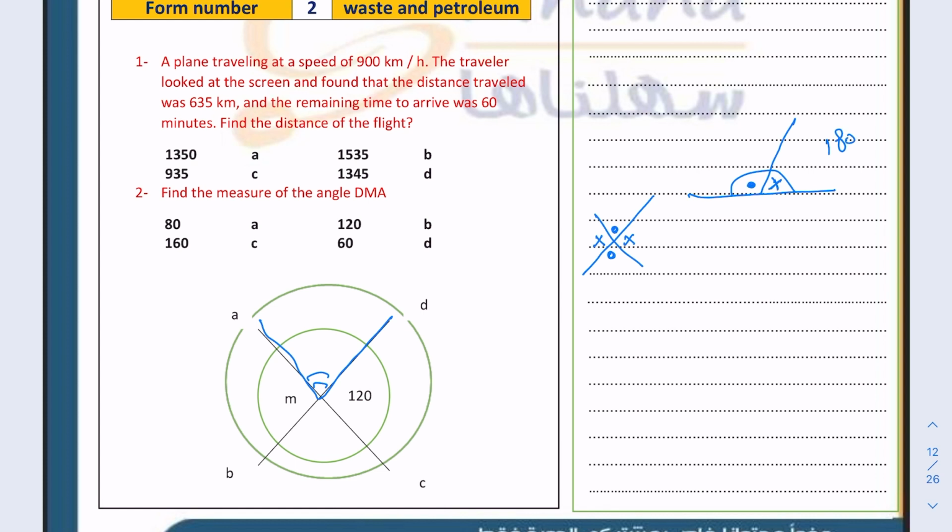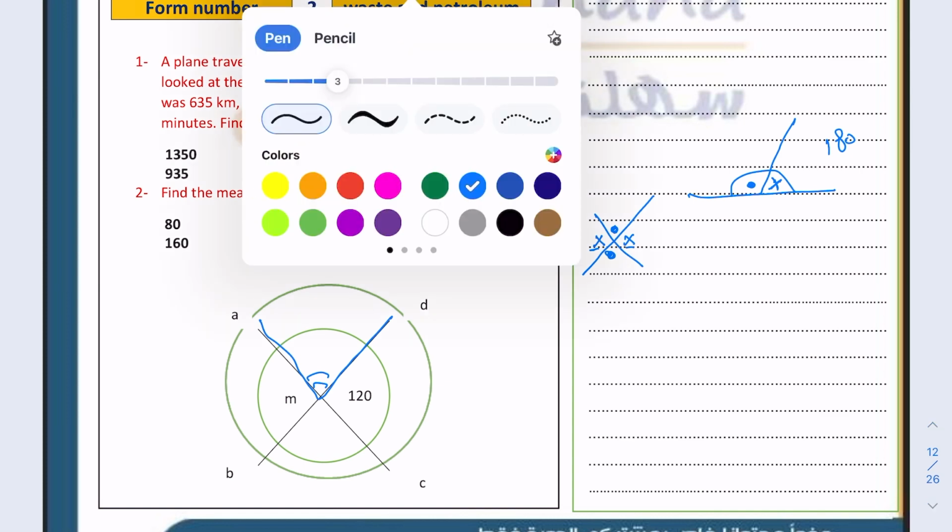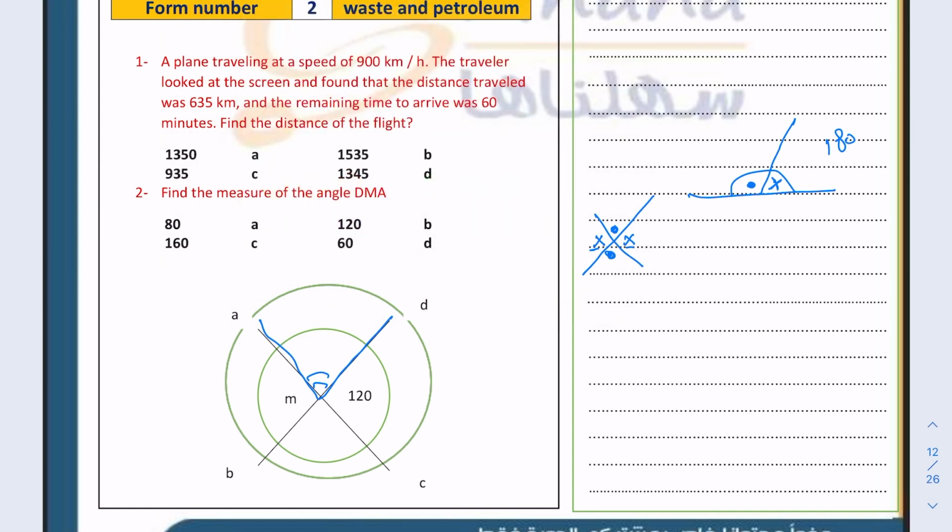And also if I have the letter X, the above angle equals the bottom angle and the right equals the left. So I can complete the figure here: this is 120, so also this is 120. And I will subtract 180 minus 120, which is 60. So here's 60 and here's 60, and I will choose 60. Now let's take the next part.